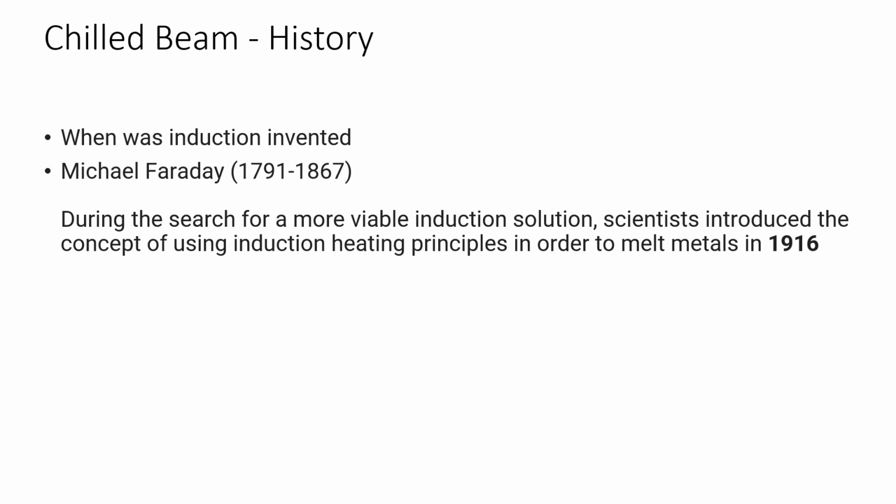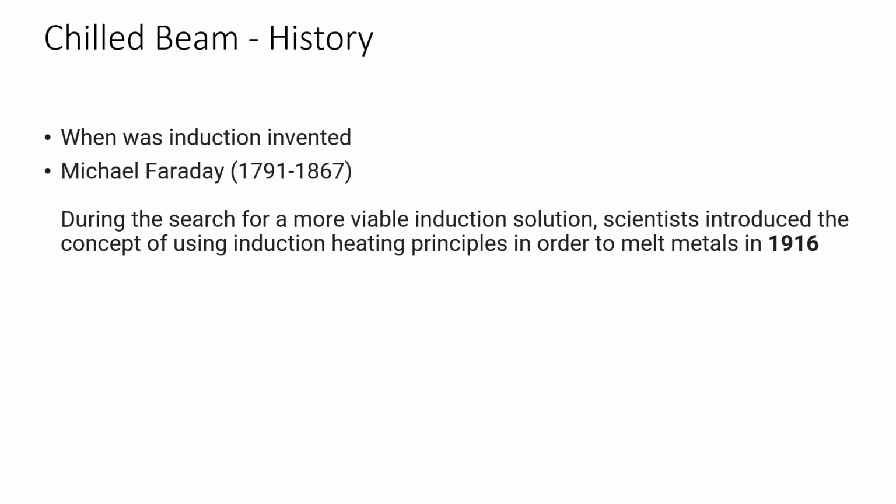So where did chilled beams begin? As far back as we can see, the introduction of the technology, which would really be the induction process, goes back to somewhere in the early 1800s, where they were using this process to really increase the intensity of fire.